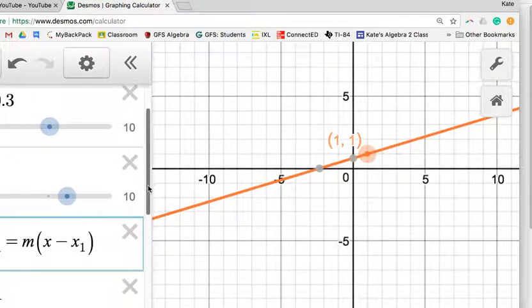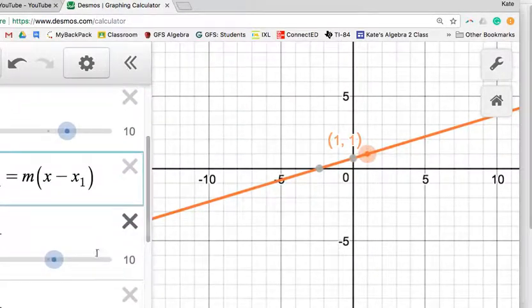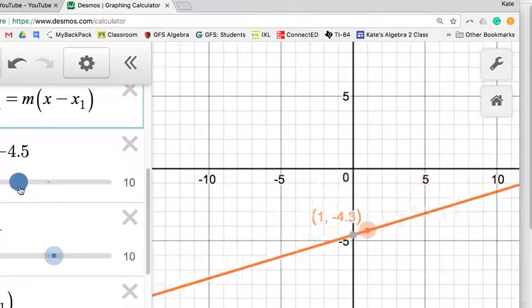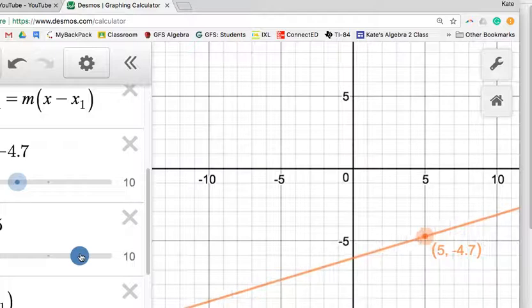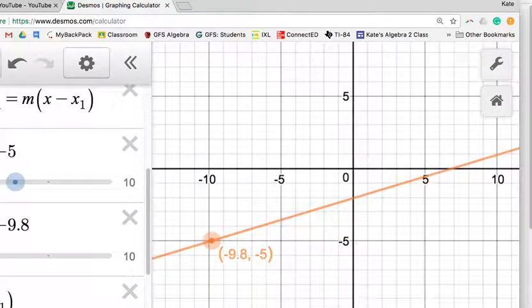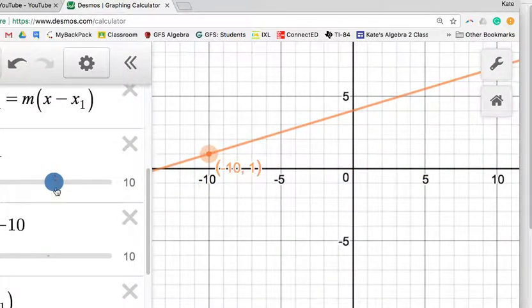But it also can be described or can be altered based on the point that you select, right? Maybe I want that point there, but maybe I'm going to take another point. Maybe I'm going to start over here at negative 5, 5. Maybe that's the point that I'm starting with, and then I'm going to grow 0.3 for every step I go over. Or maybe I want to start over here, right, at negative 10, and maybe I want this point to be, I don't know, this one up here.